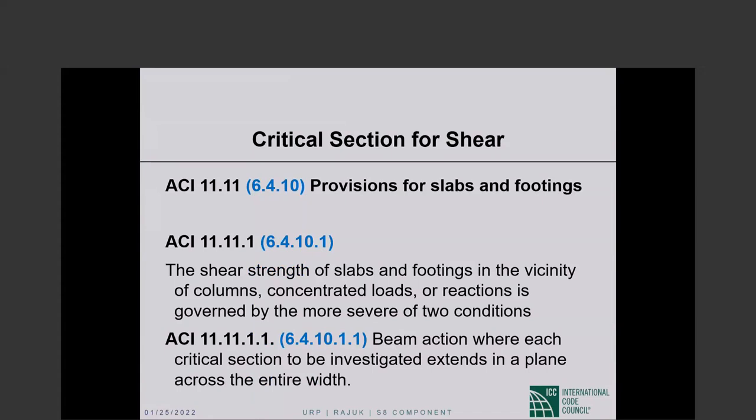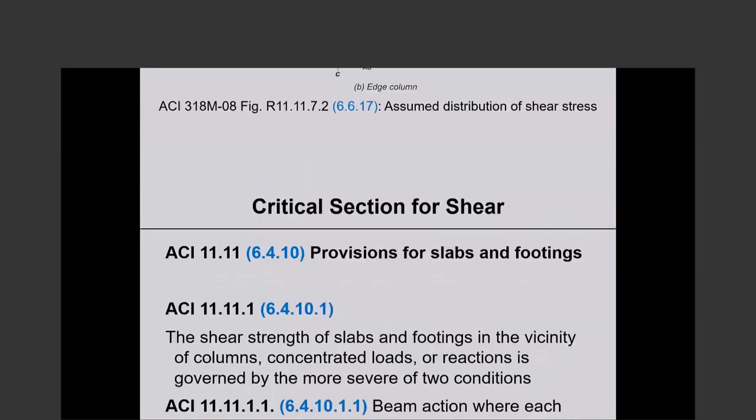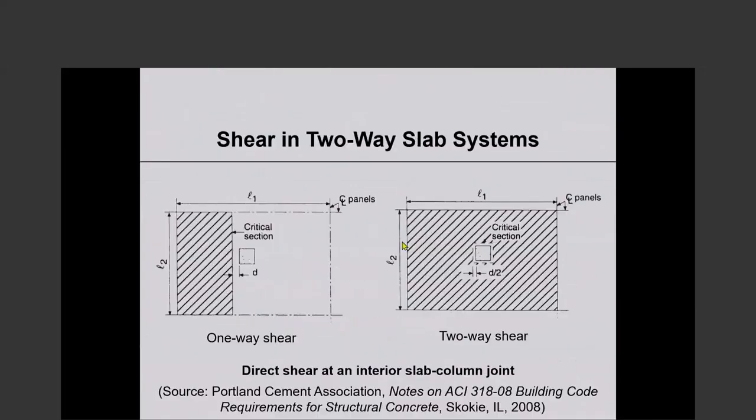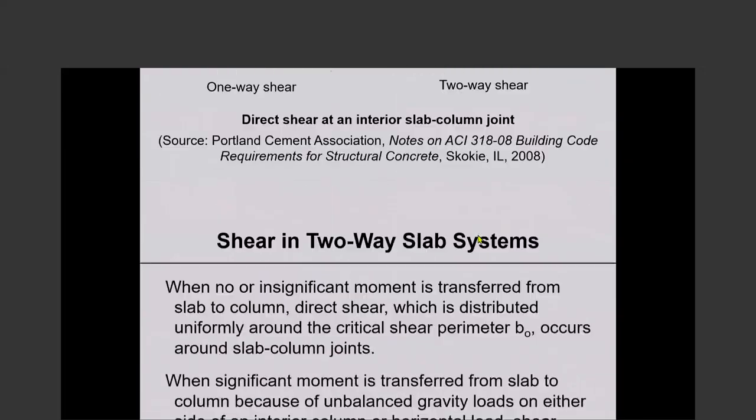Anyway, two conditions: beam action, where each critical section to be investigated extends in a plane across the entire width, as you saw in our picture. The critical section goes across the entire width.